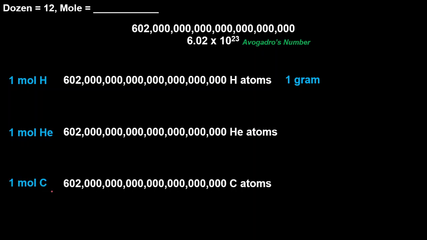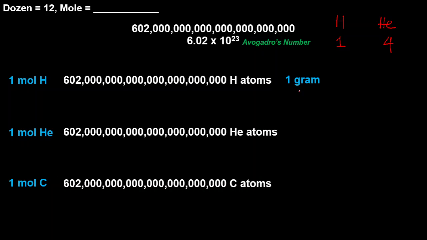If you look at the table of elements, you would see that the mass of hydrogen is approximately 1. And then the atomic mass of helium is equal to 4. So from this mass, we can say that helium is 4 times more massive compared to hydrogen. So in this case, again, 1 mole of hydrogen is equal to 1 gram.